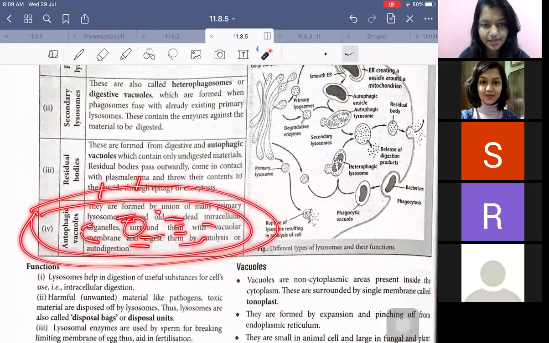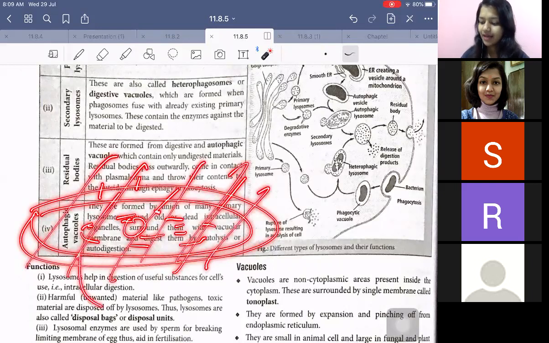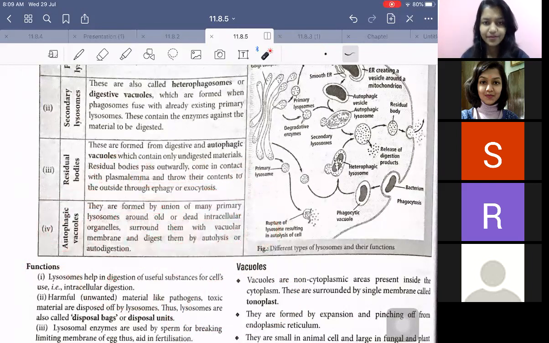Now it is not functioning, so we break it down again and again, and our body will use it for something else. Like a factory, recycle. Our cells also recycle things.